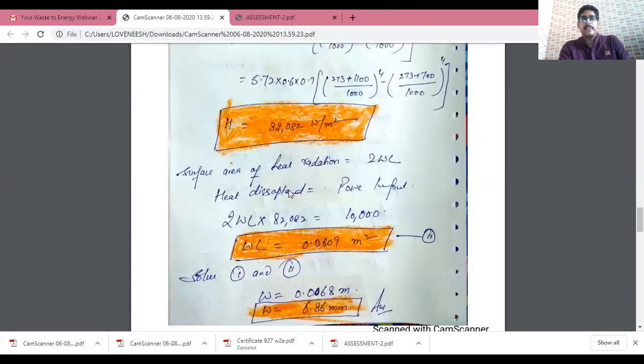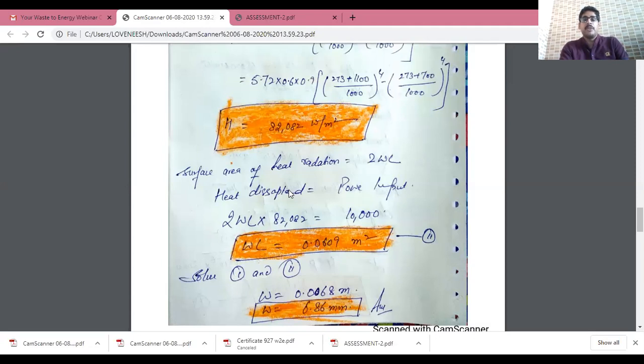The surface area of the heat radiation is equal to twice into W L. So we have twice into W L into 82,082 is equal to the power input. So power input will be equal to 10,000. So you can get equation number 2, that is W L is equal to 0.0609.